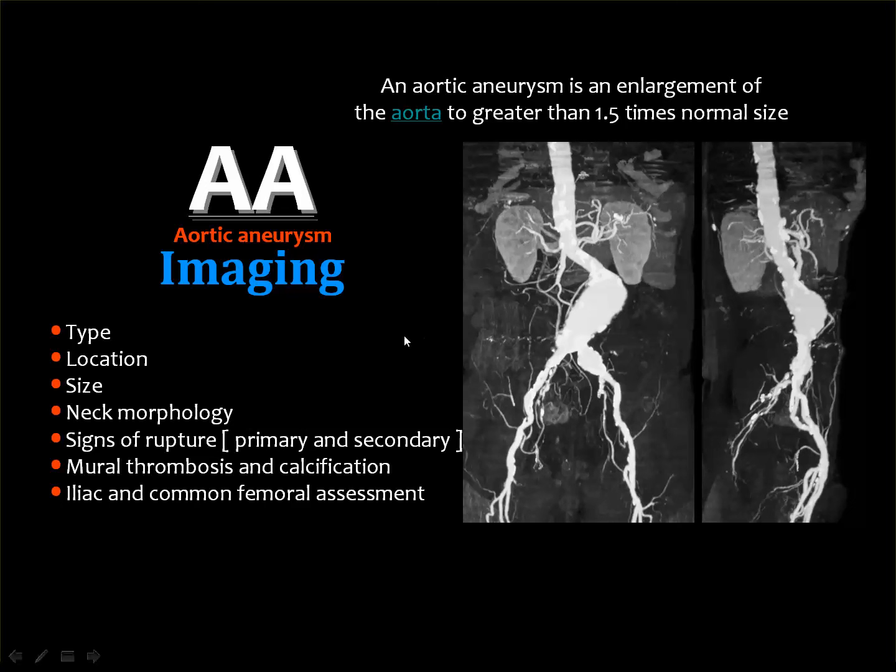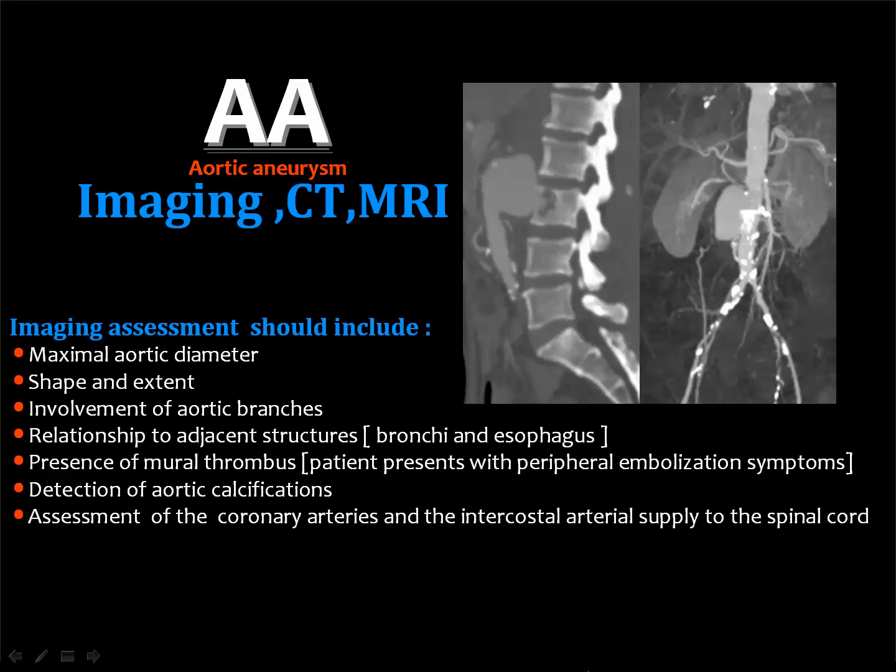Whenever you are reporting a case of aortic aneurysm, you should consider, number one, the type of the aneurysm, the location, the size, the morphology of the neck of the aneurysm, the signs of rupture, the presence of mural thrombosis and calcification, and the state of the common iliac and the common femoral arteries.